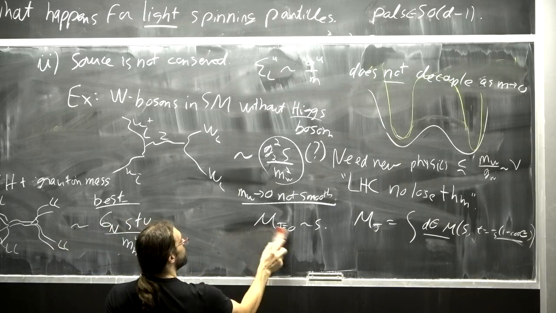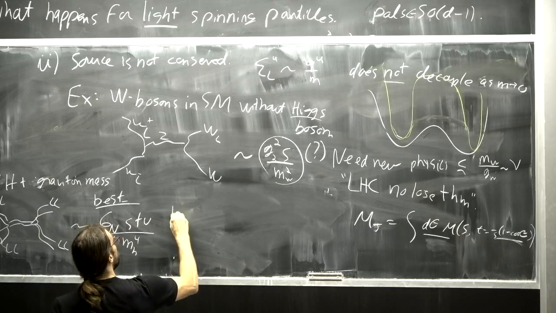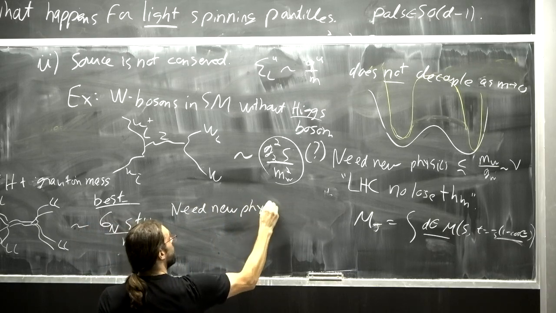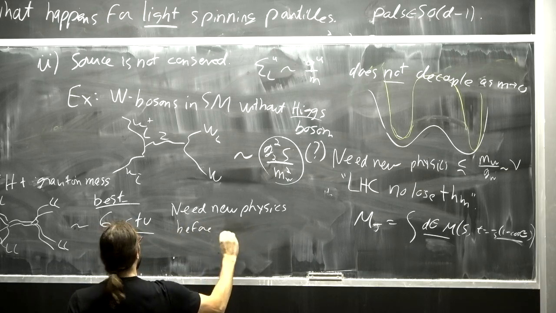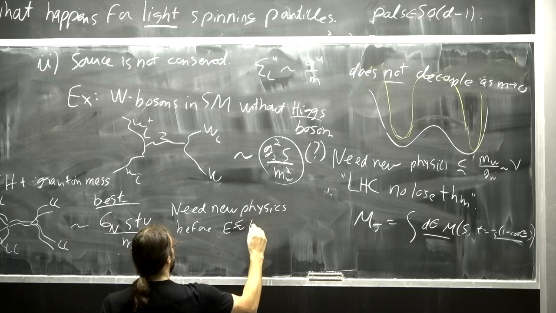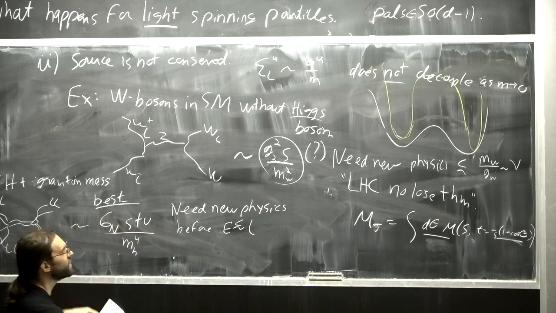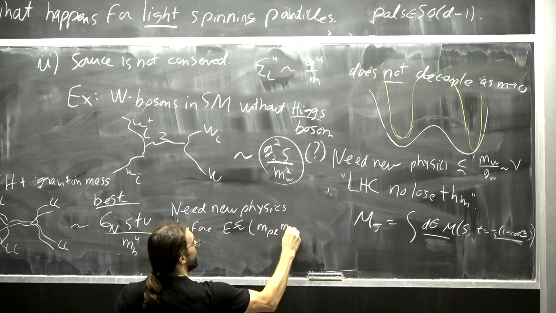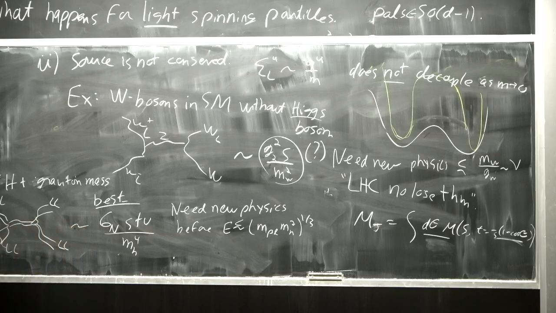And again, these arguments tell you that you need new physics before a scale which is of order, there's a funny power, G Newton is 1 over M Planck squared, so the energy scale is like M Planck times MH squared to the 1/3. Very funny power.